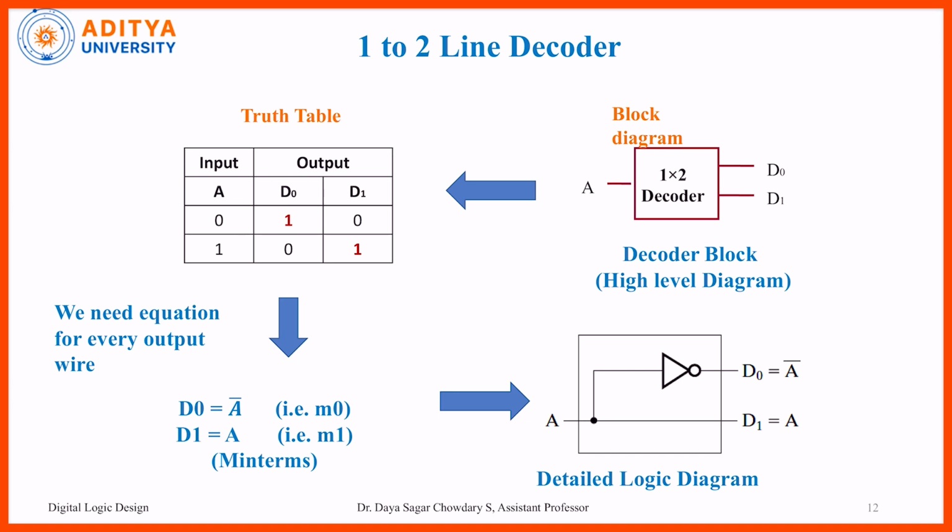So here we call this a 1 to 2 line decoder. Here it also follows n into 2 to the power of n, where n represents the inputs and 2 to the power of n represents the outputs. Here is the particular equation. If we have any one of these four, that is why we represent them with arrows.